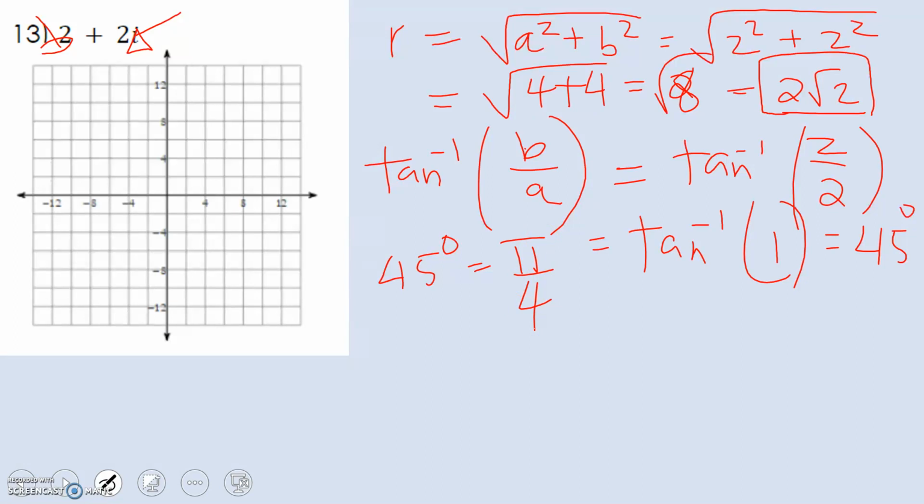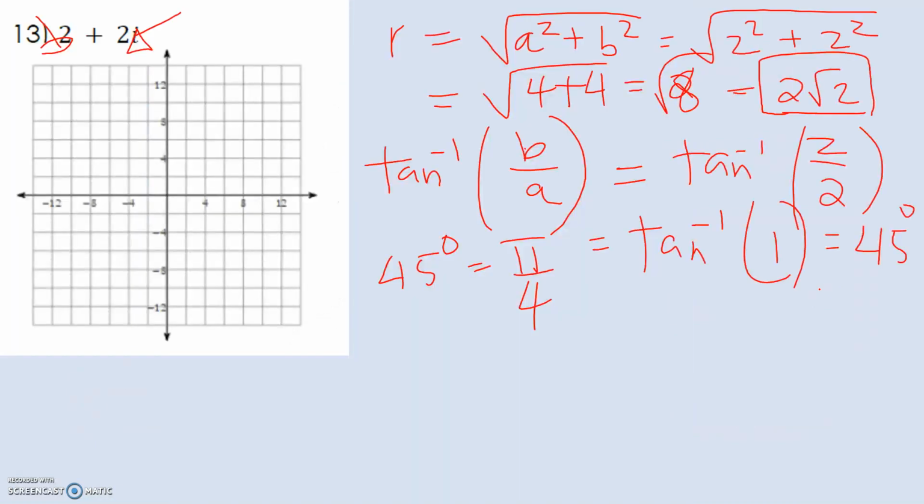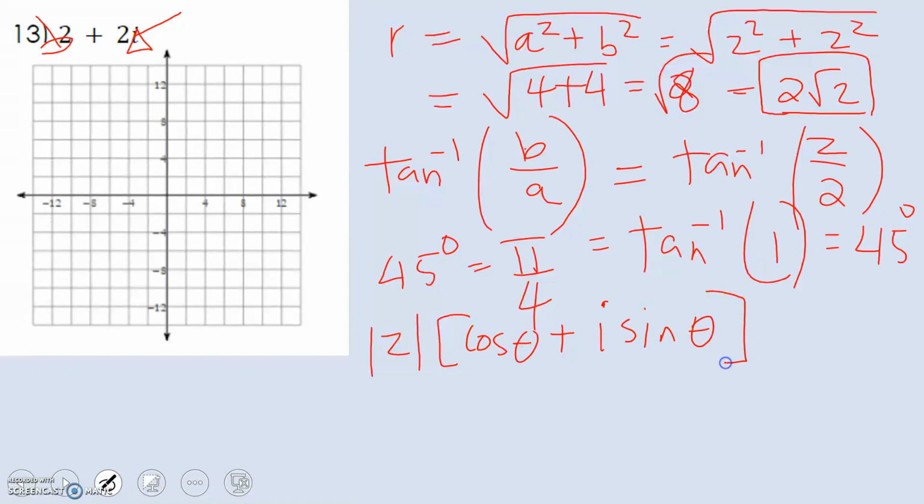Now we can use the formula, absolute value of z times cosine theta plus i sine theta, to find our trig form. So the absolute value of z times cosine theta plus i sine theta.